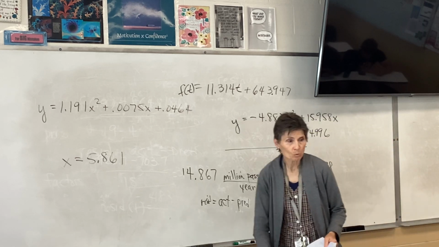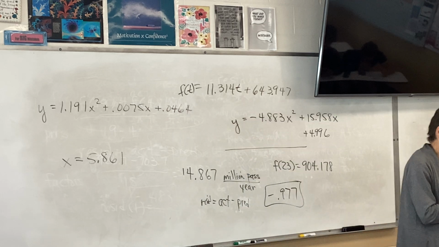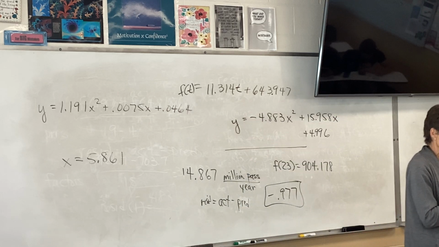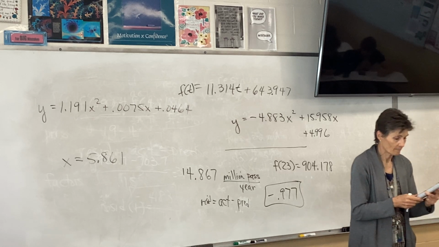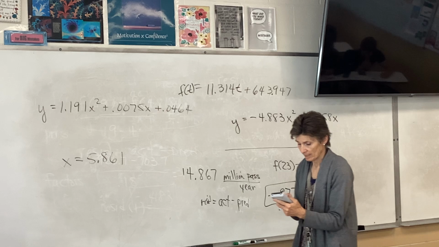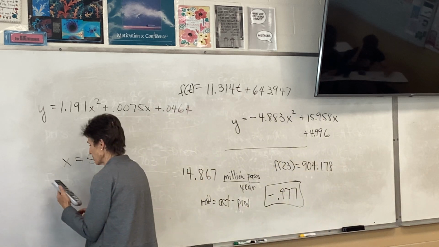Graph the residual plot. All right, how do we do that? So we stat plot, right? If it's not already on, turn it on. And then make sure that Y list is residual. And then zoom 9 so you can see a better picture.